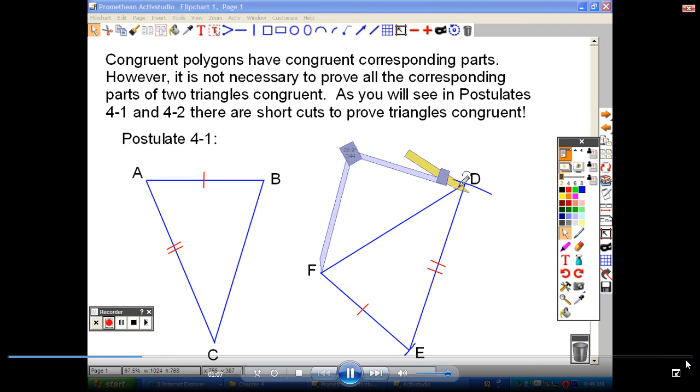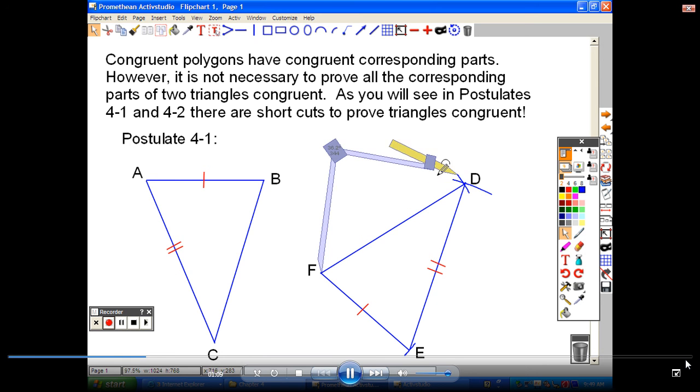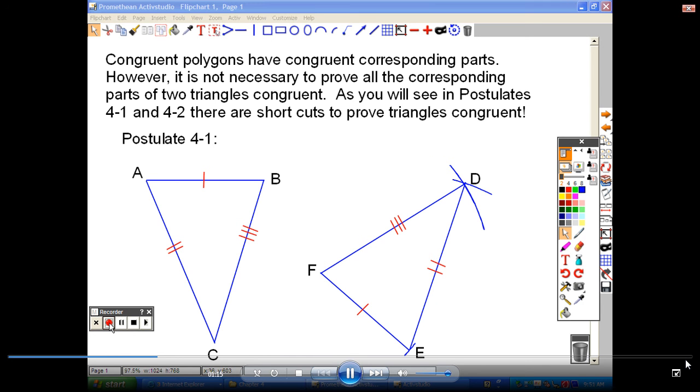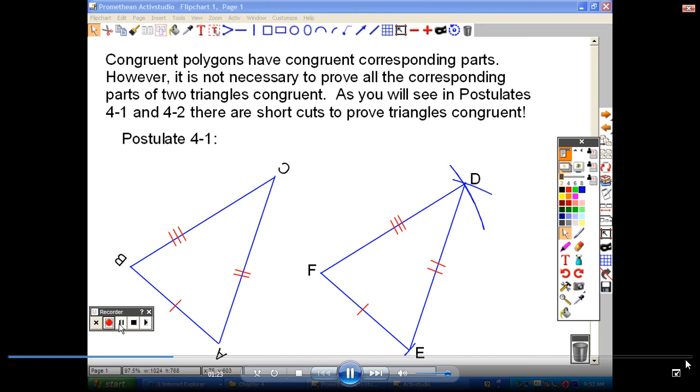Well, if I go over there, we can see that it is, okay? And so as a result, what's the shortcut? Well, the three sides of the one triangle, well, they're going to be congruent to the three sides of another triangle. Are the figures congruent to each other? Well, I rotated it there, and now I'm going to click on it and slide it just to see if the two figures are going to be congruent to each other.